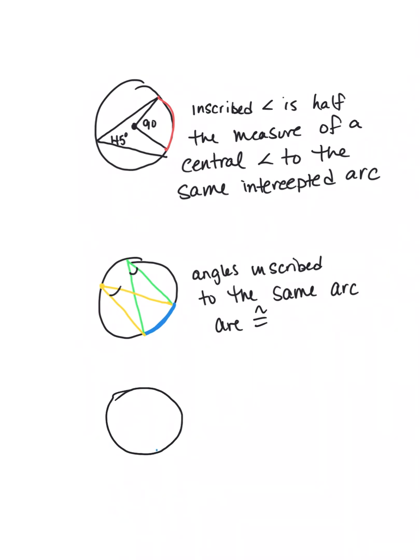Okay, last thing I want to mention. Let's say I have an arc. I have an inscribed angle to that arc. No problem. Then let's say I have an angle formed by a tangent chord to that arc. This angle, as you know, is half of this intercepted arc, right?